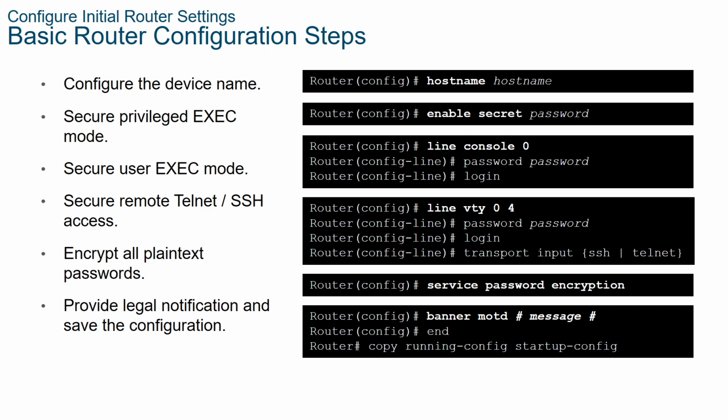Any changes you make are always saved in the running configuration file, but you need to save it to the startup configuration file to ensure that if the power goes down, that configuration is saved and used for the next startup.